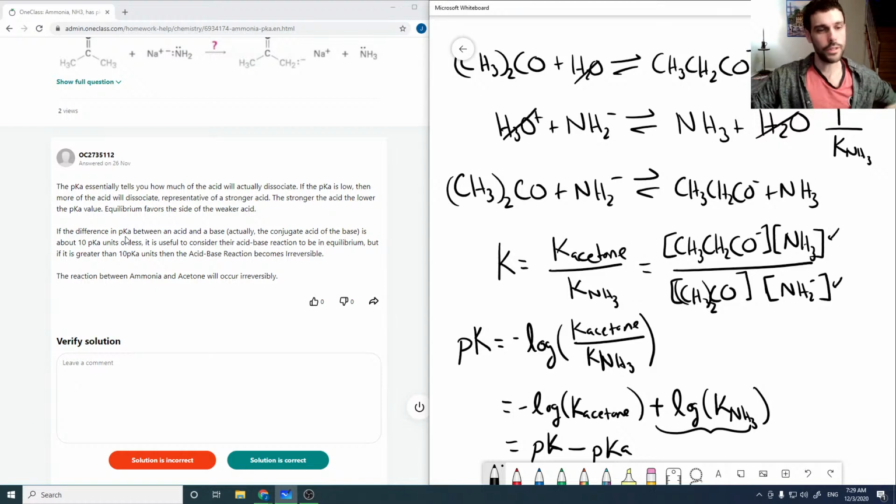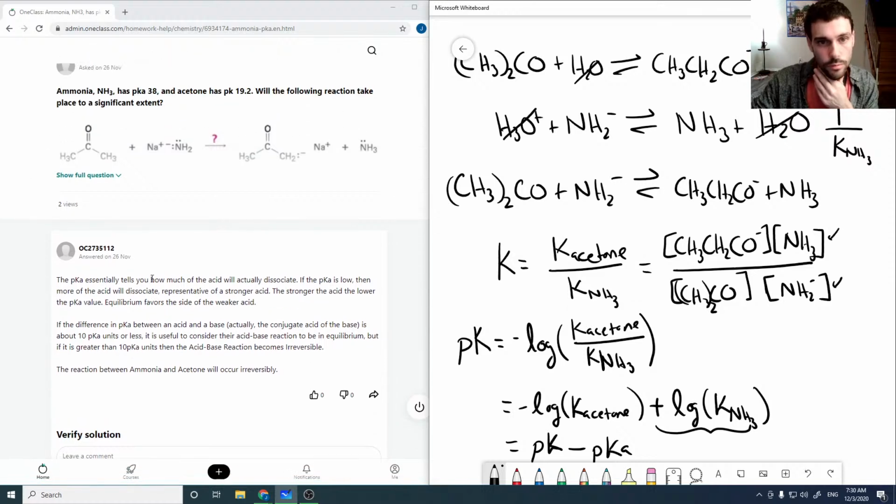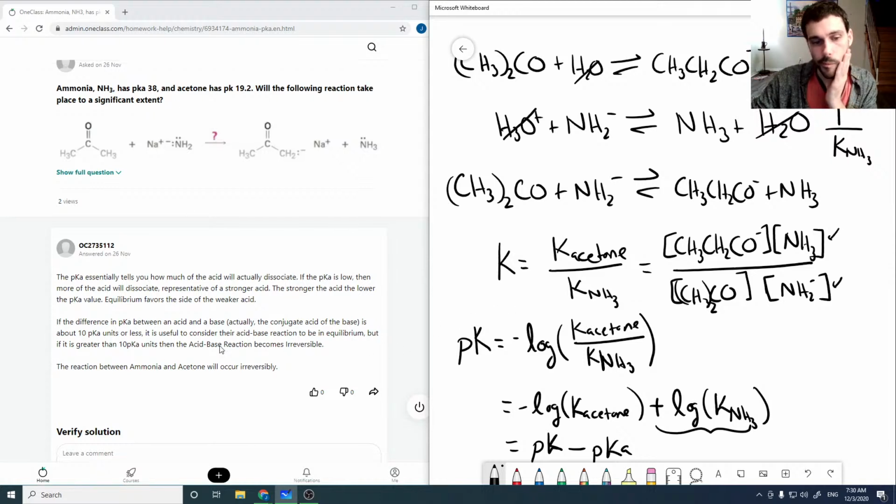Okay, if the difference between the acids is about 10, it is useful to consider, but if it's greater than 10, it becomes irreversible. The reaction between ammonia and acetone will occur irreversibly. Okay, so that's true. I suppose they just straight up took the difference and came up with that.